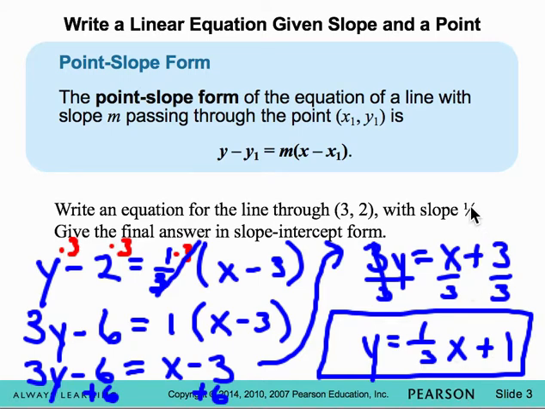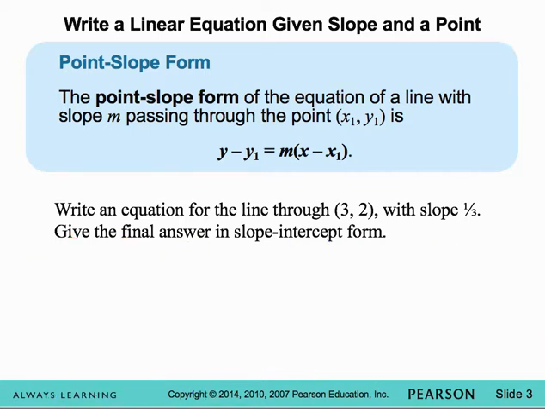Okay, now notice that 1/3 for the slope got put right back in there, but I didn't really have to work with fractions. So I got to add those two formulas to my list along with the formula for the slope. I now have the equation in slope-intercept form and the equation in point-slope form.